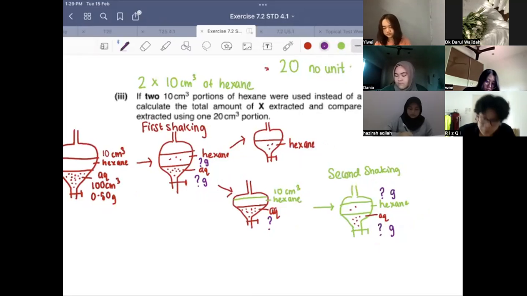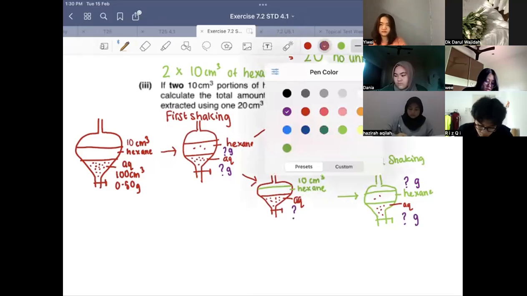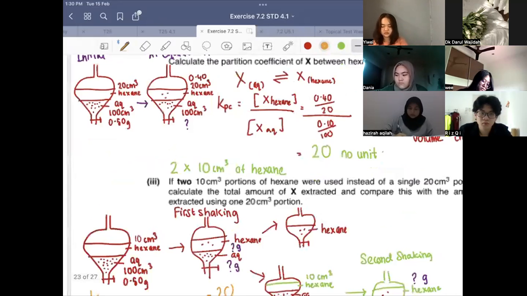What I do know is that because the system is the same, same solvents, hexane and water, same solute, the only thing that's constant is the KPC, which is equal to 20. Okay, so the expression of my KPC should be the same. Concentration of X in hexane over the concentration of X in aqueous. So I'll just move this, all right?